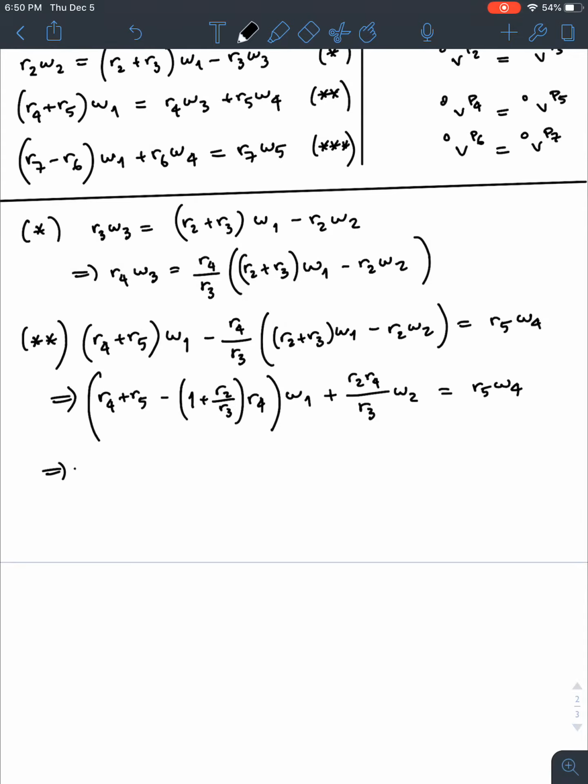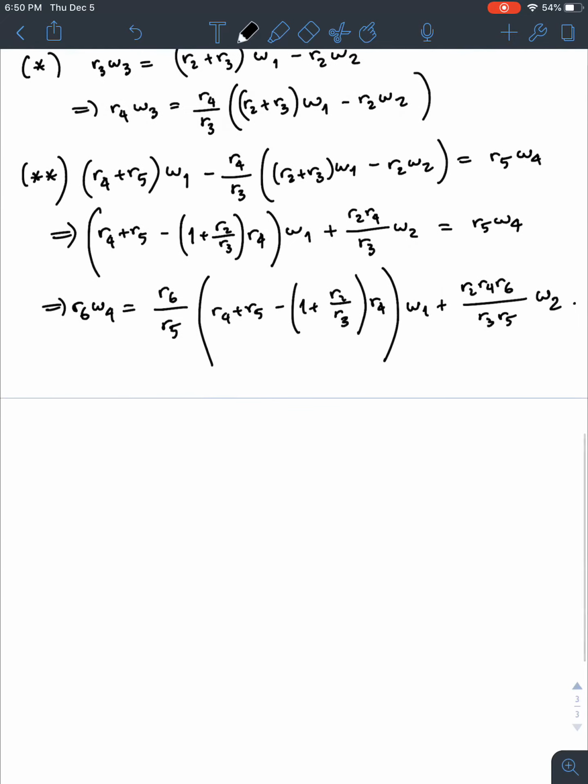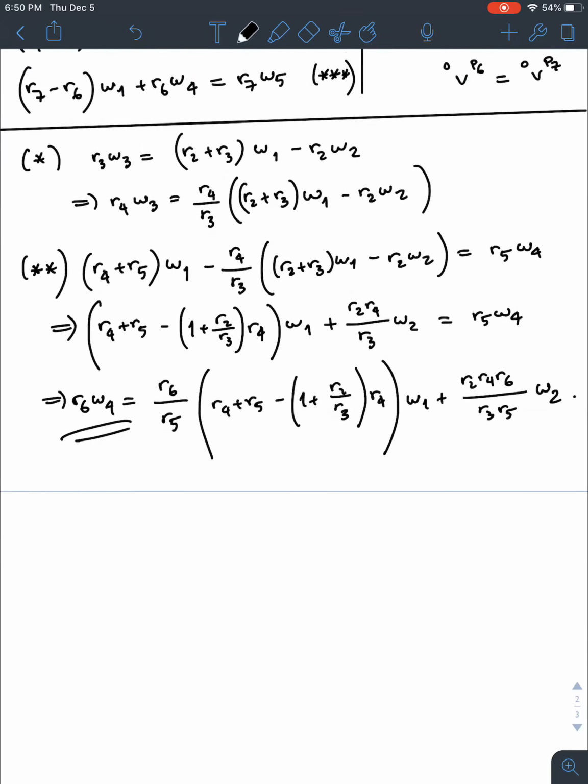So if I want to find R6 times omega 4 from here, I need to multiply everything on the left by R6 by R5. So R6 by R5 times R4 plus R5 minus 1 plus R2 divided by R3 times R4 omega 1 plus R2 R4 R6 divided by R3 R5 times omega 2. Okay, and now I have an expression for R6 times omega 4.